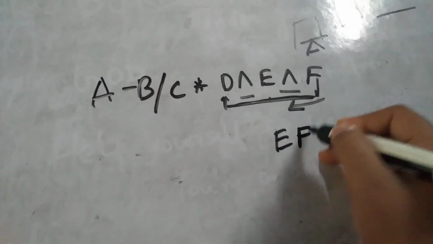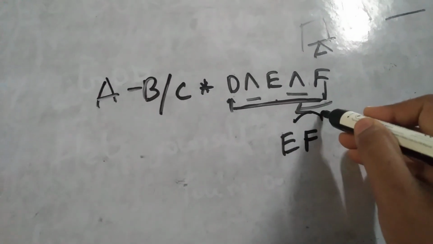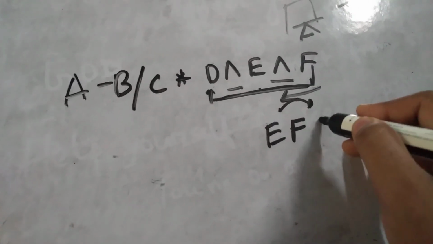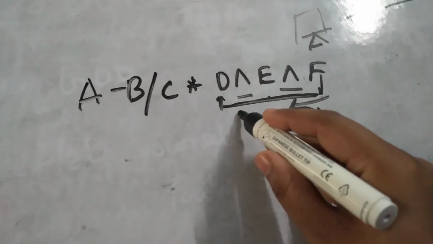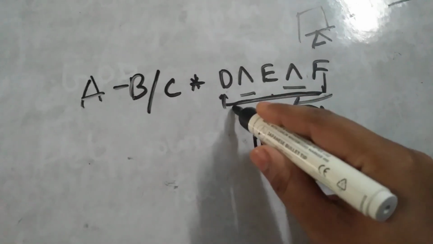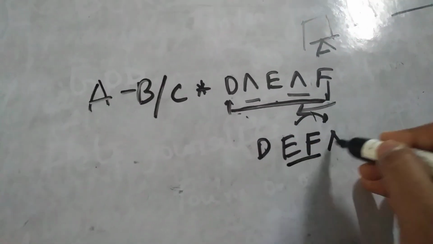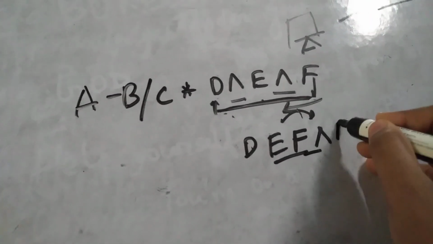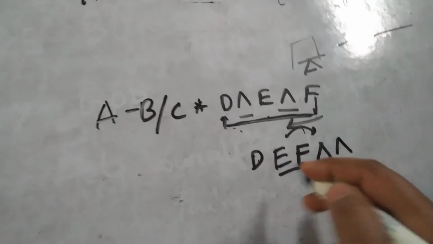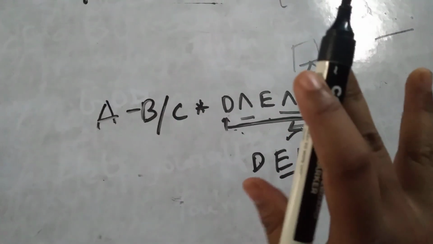E and F are calculated. Postfix says to put the operator after the operand. Now this D is placed and this whole operation with the D is done. Now the whole bunch of operator and operand is done.